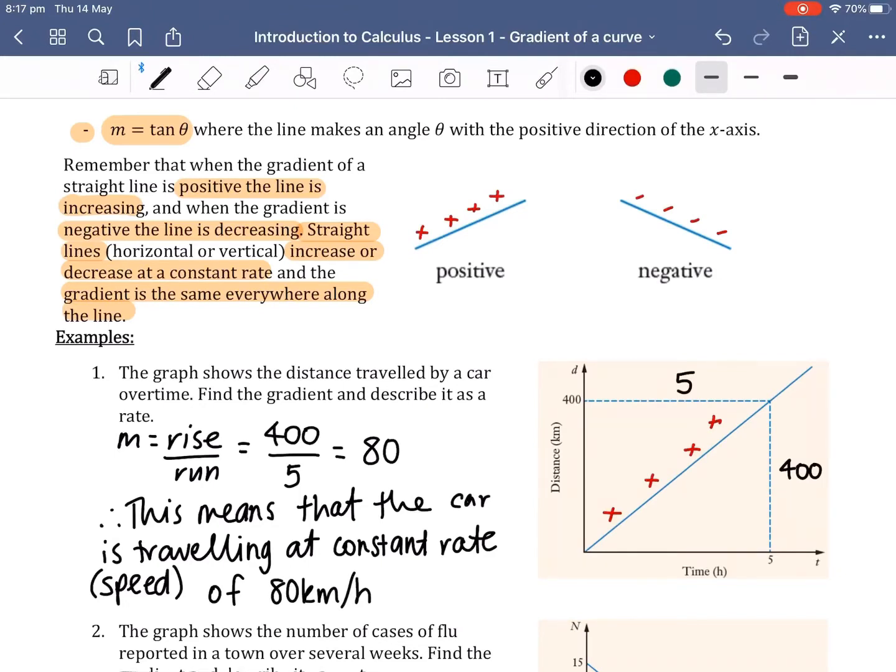The reason it's kilometers per hour is that our rise is in kilometers and our run is in hours.